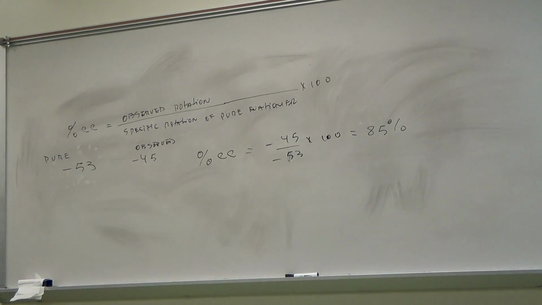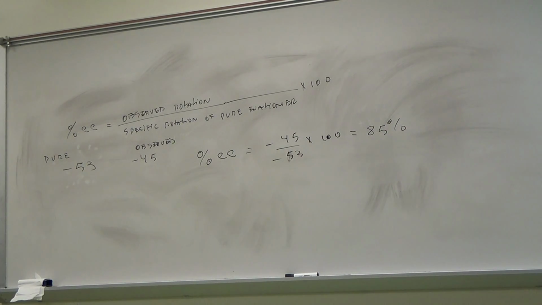You tell me how much minus and how much plus you have. In the pure or the observed? This is like the R and S thing, but it's minus and plus. We're looking at the 85.